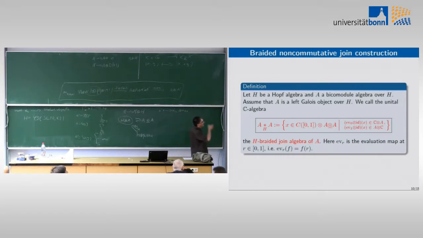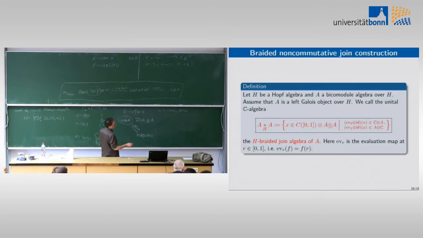So in the classical case, I got my join from the box by appropriate collapsing, taking an equivalence relation. Here at the algebraic level, it will mean that I'll have to carve out a subalgebra in this too big algebra. Okay. So how do I do it? Well, I use evaluation maps. I can apply the identity here and evaluate at 0.